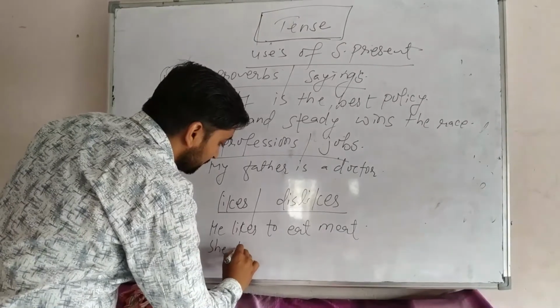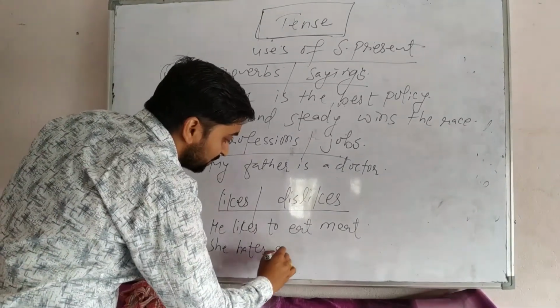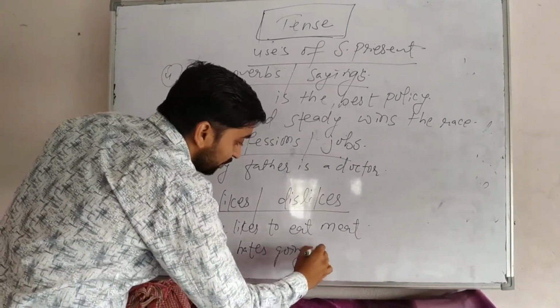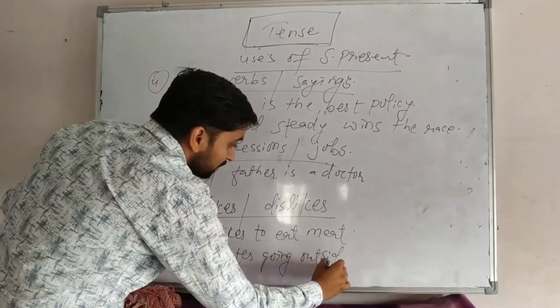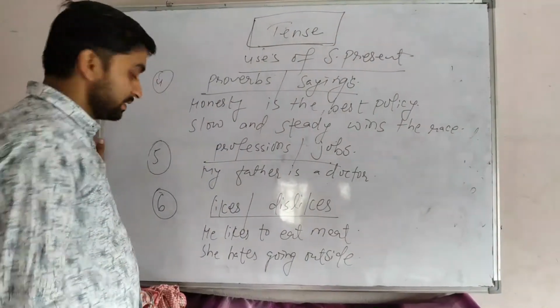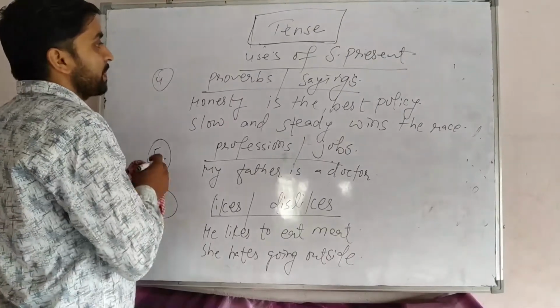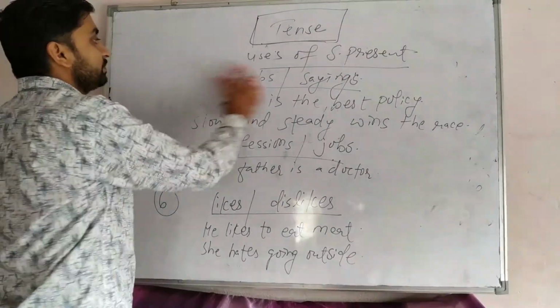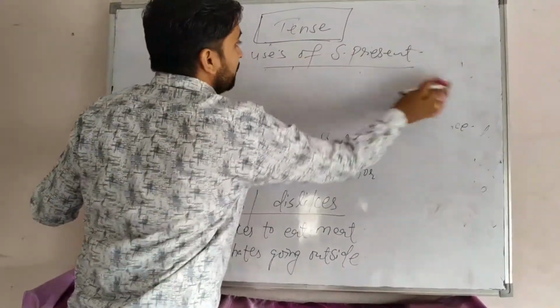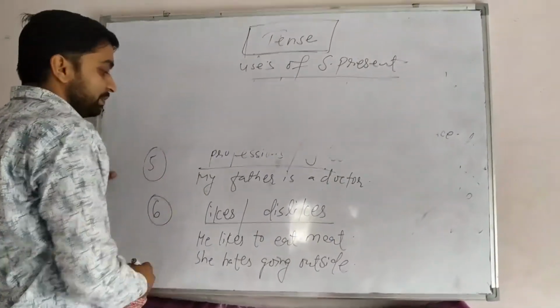She hates going outside. So these are the uses of simple present tense. Similarly, there are other uses also of simple present tense.